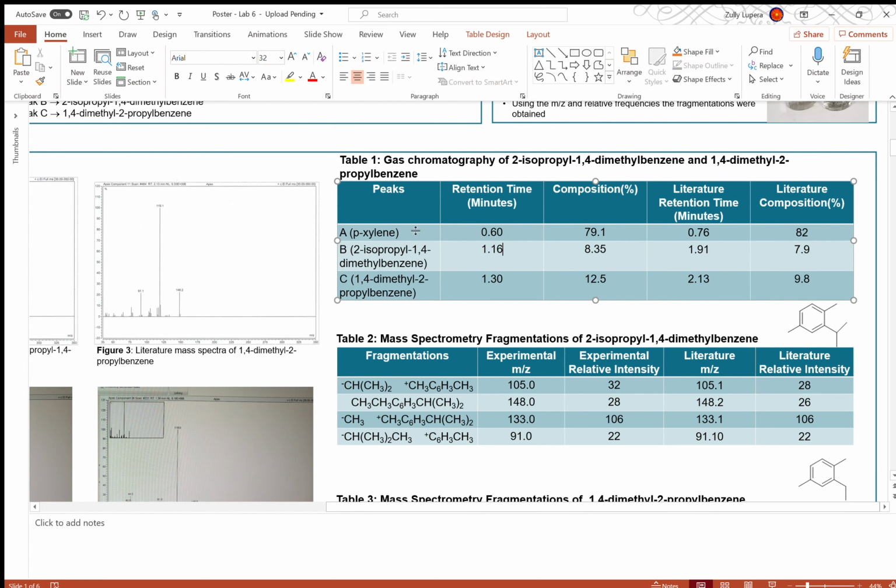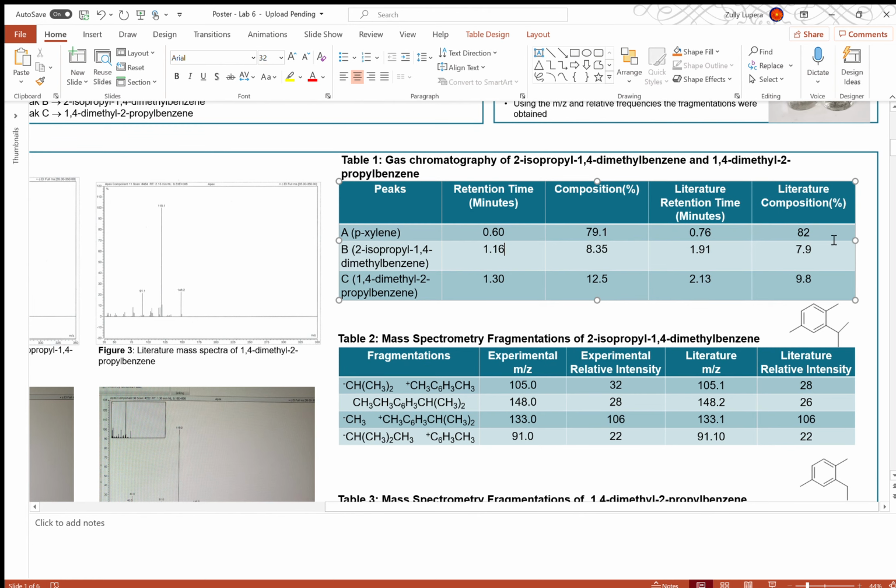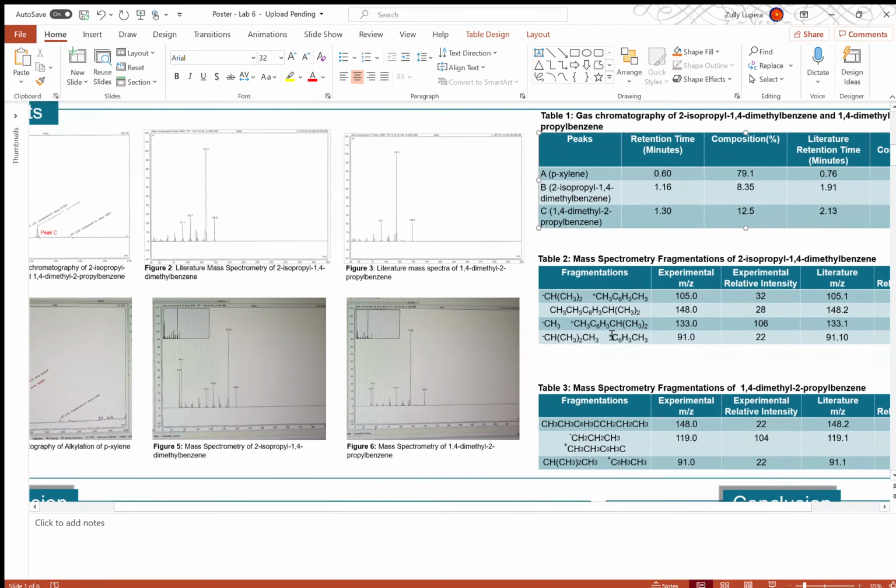Therefore, from the gas chromatography, we could conclude that peak B was the minor product because it had a lower percent composition than peak C, which had a higher percent composition of 12.5, both in the literature and in the experimental values.